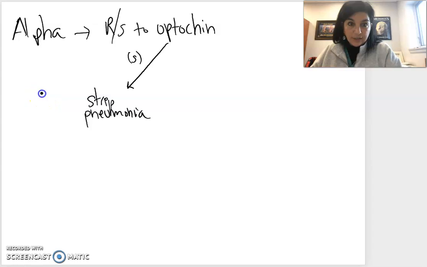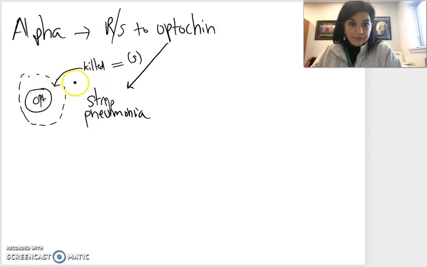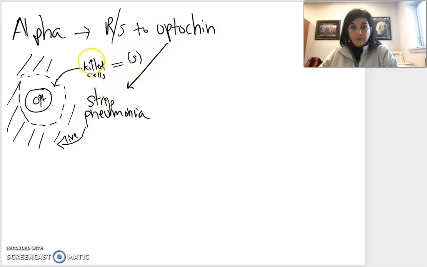Strep pneumoniae. So again, there's optochin in a filter, and optochin has killed, because sensitive means they are killed by optochin, and then the rest is live cells. But if they're sensitive to optochin, that means we're dealing with strep pneumoniae.